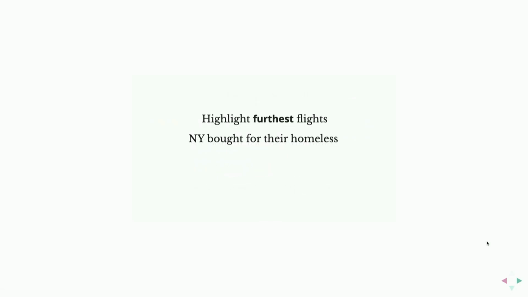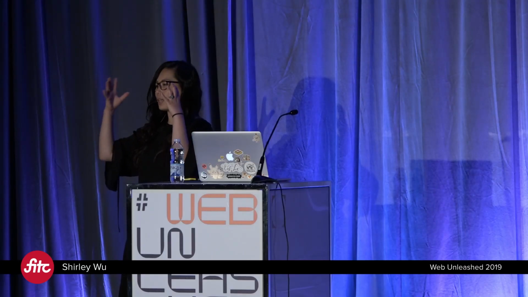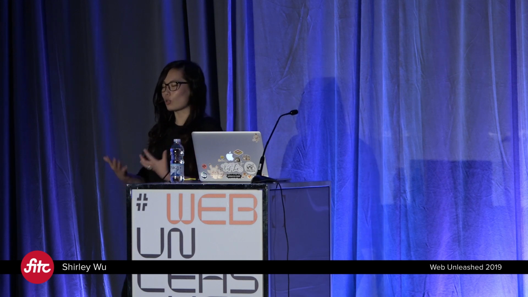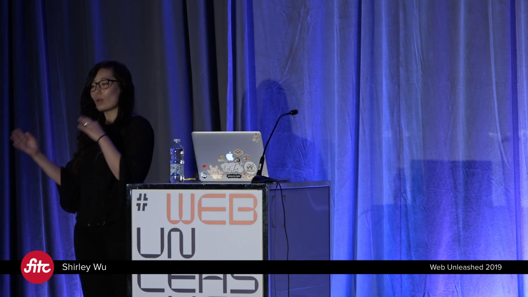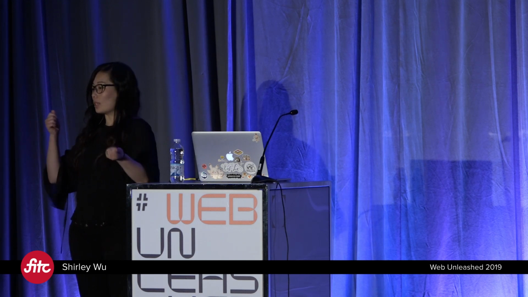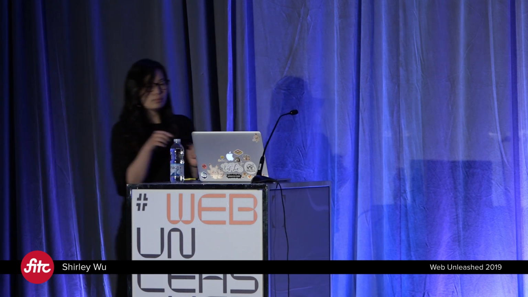So to accomplish the very first goal of highlighting the furthest flights, the very first thing we thought of was a map. But we didn't want to use a map, not only because we had just used a map to introduce the data set at the very beginning of the article, but also because maps are inherently really bad at comparing relative distances between different starting and ending points.